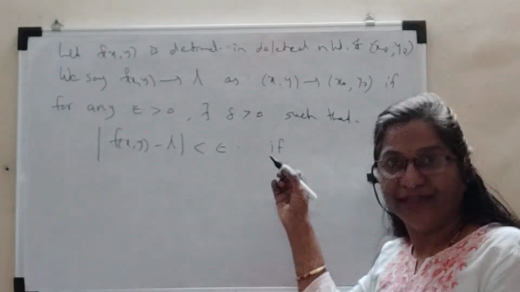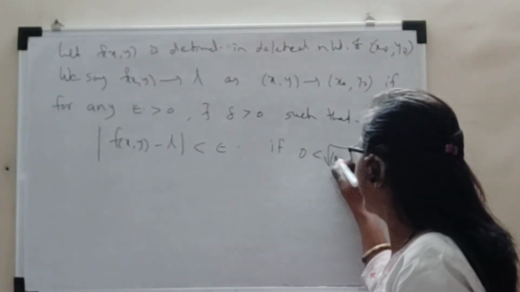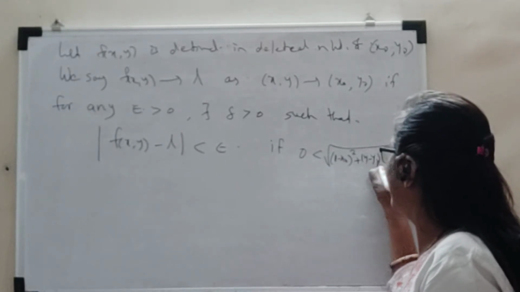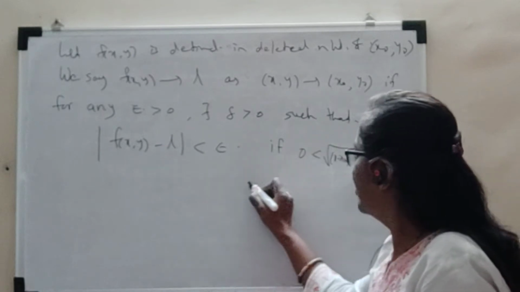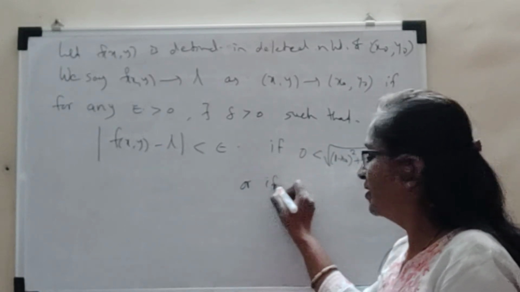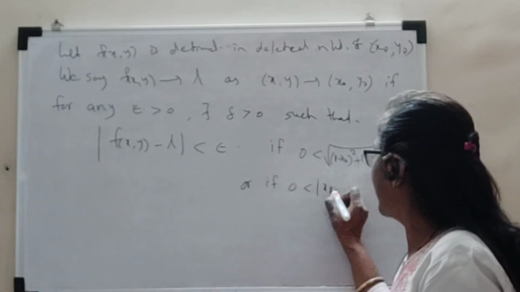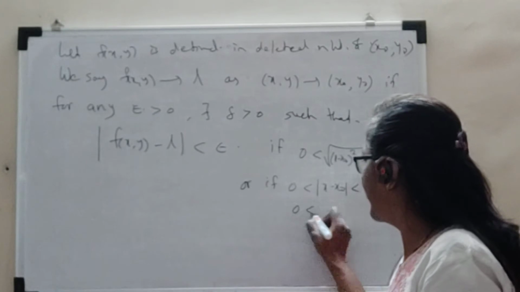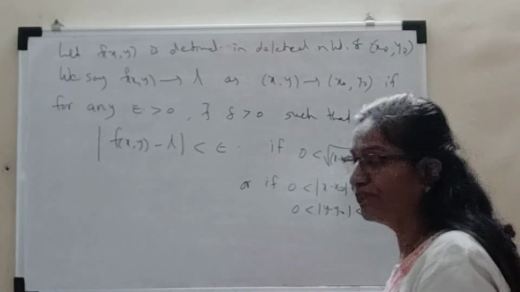if, in terms of circular neighborhood, 0 is less than square root of (x minus x0) whole square plus (y minus y0) whole square is less than delta, or in terms of square neighborhood, 0 is less than mod of x minus x0 is less than delta and 0 is less than mod of y minus y0 is less than delta.